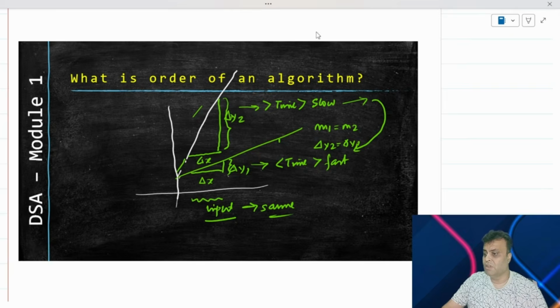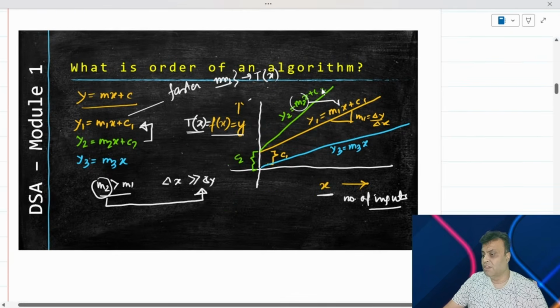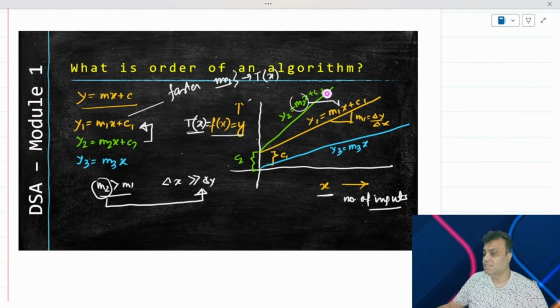I'm trying to establish the fact that all these curves, if put on different machines, faster or slower, will always converge to one single equation that we can always bring into the situation. That one single equation is going to be represented as y equal to mx plus c.